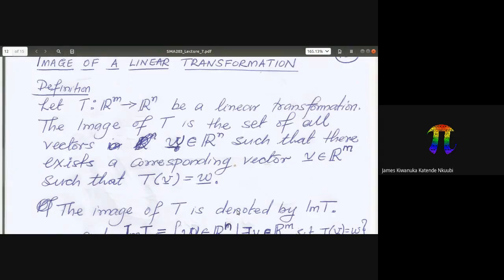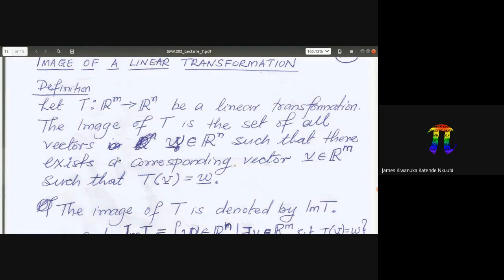So the next thing we'll look at is the image of a linear transformation. This is where we dropped off in the last class. So the image of a linear transformation, let's look at this. Let T be a map from Rm to Rn, and let it be a linear transformation. So the image will simply be the set of all vectors in the codomain here which have a pre-image in the domain.